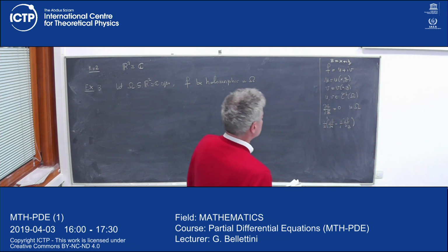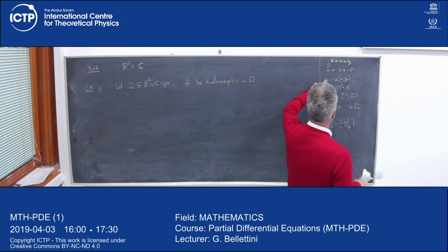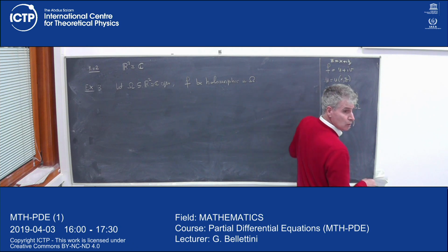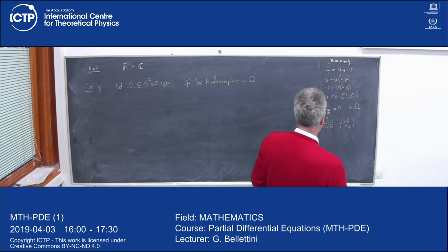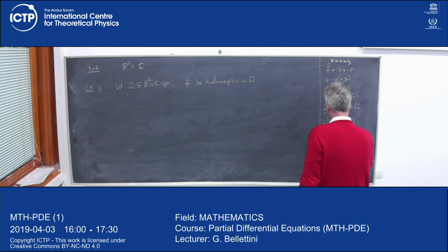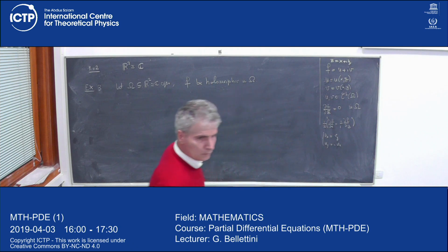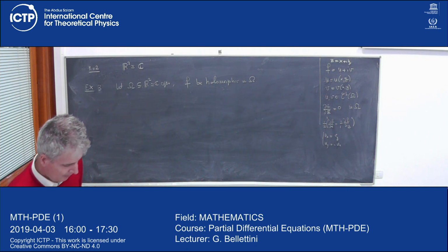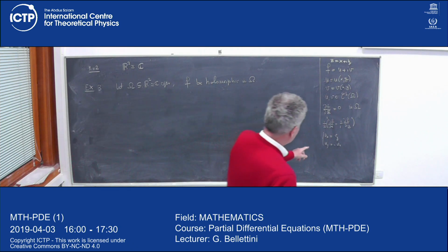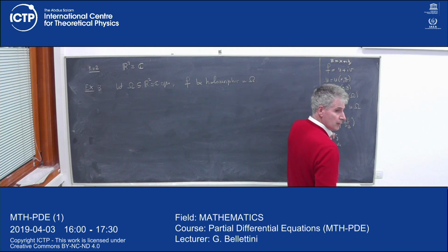Okay, and this translates into a system of two equations, I think you know, no? u_x equal to v_y, and u_y equal to minus v_x. These are the famous Cauchy-Riemann equations.